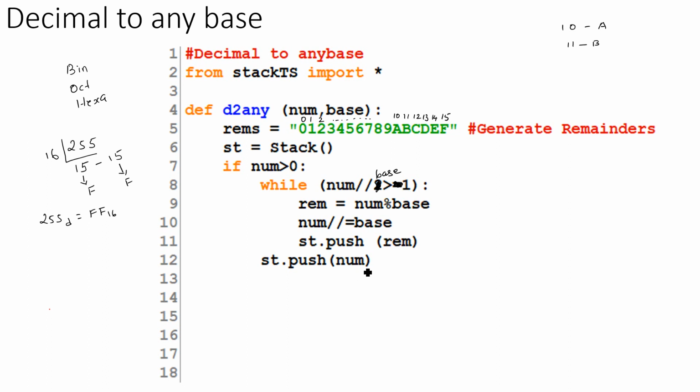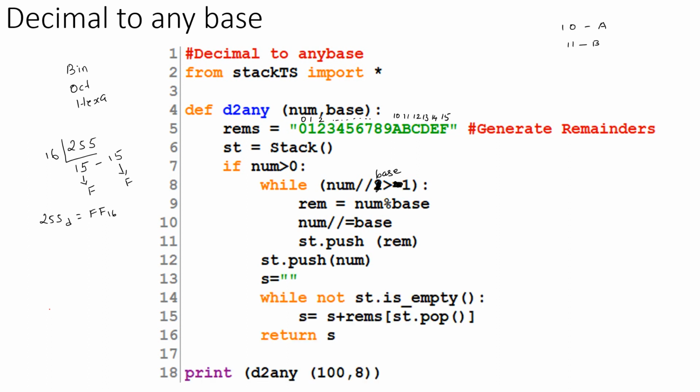So once this is done, all the reminders, including the last quotient, are stored onto the stack. The next thing we need to do is collect the reminders in the appropriate base format. For this, we use one loop where we just pop.